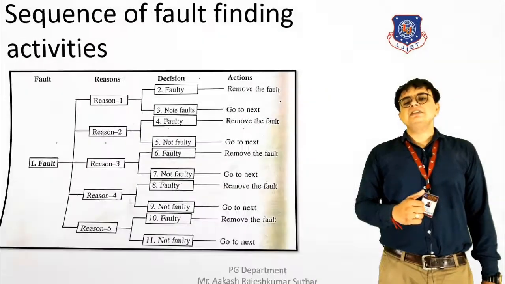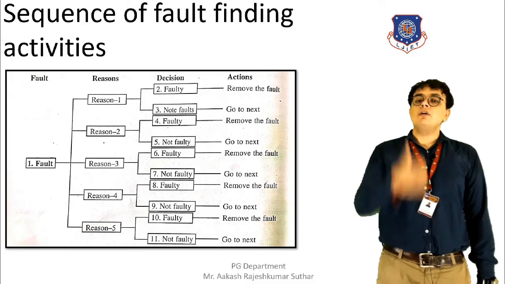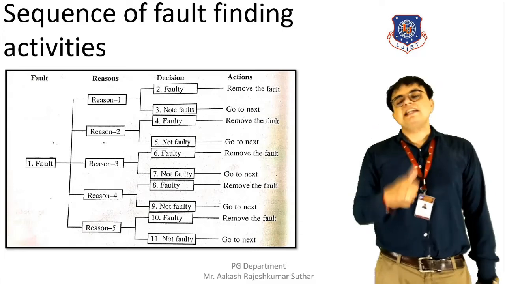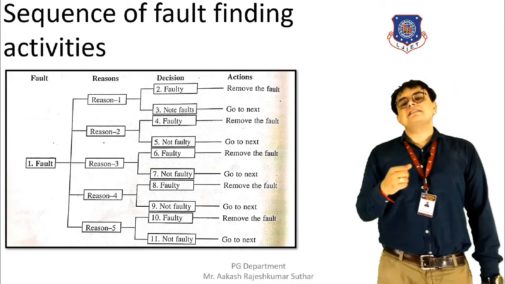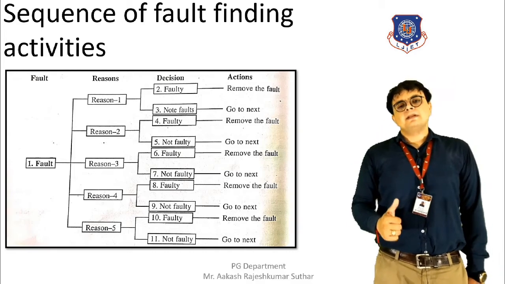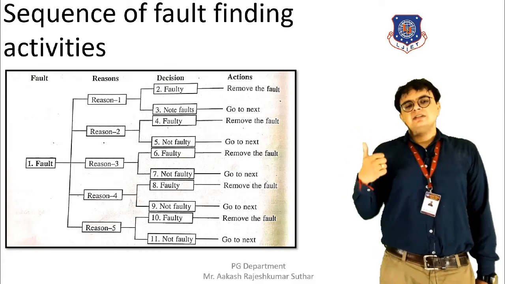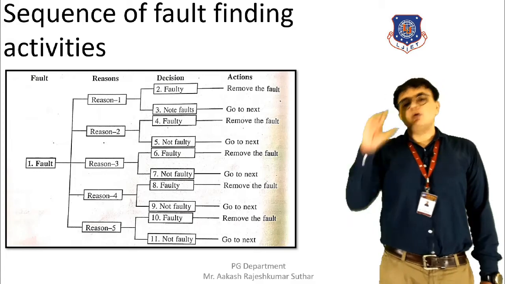Further discussing, here we have an example of a sequence of fault finding activities. Here we have listed all the reasons and the faults in a block diagram. In the first block we can see a fault represented.